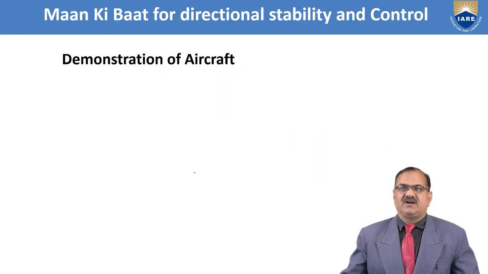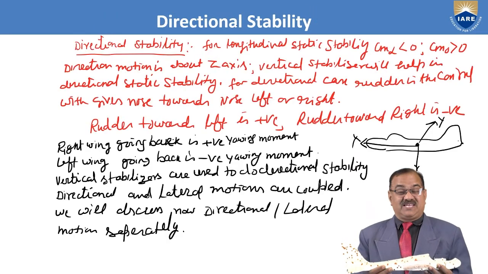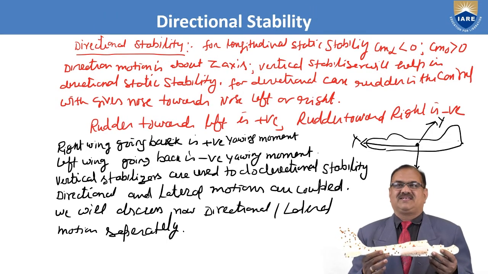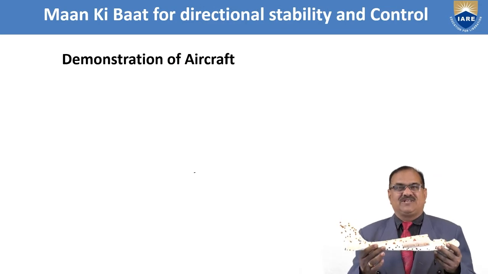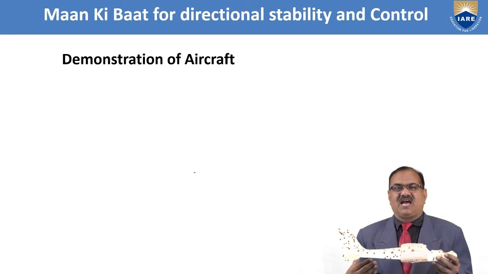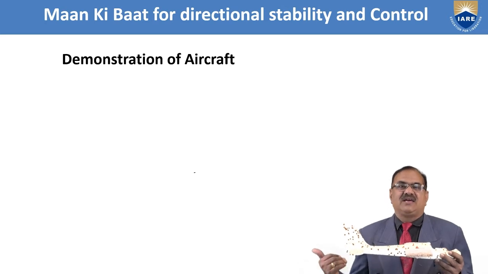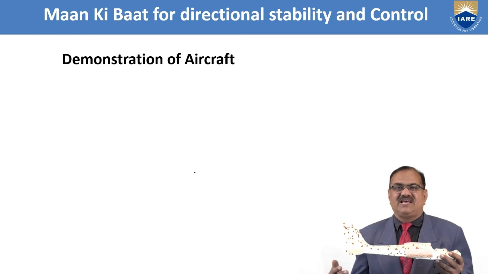These are our topics. Here I first go for my Mann Ki Baat. I will show the aircraft and talk about the directional part of the aircraft, and how these directional components are responsible for aircraft directional stability.